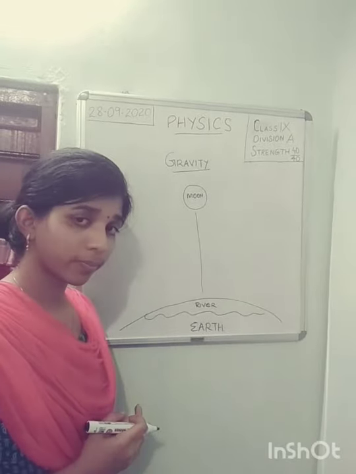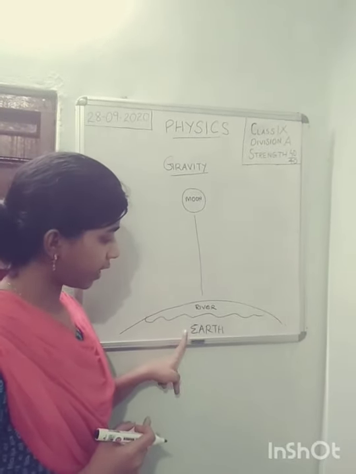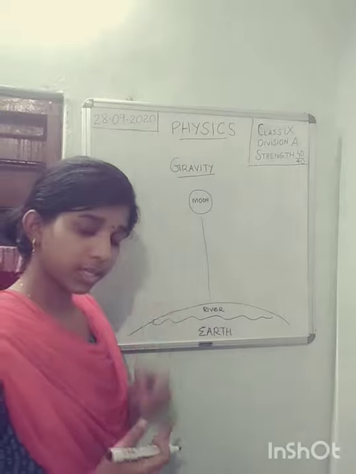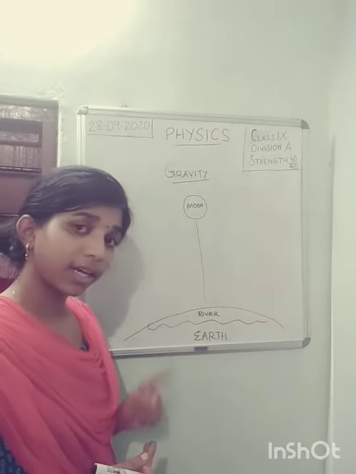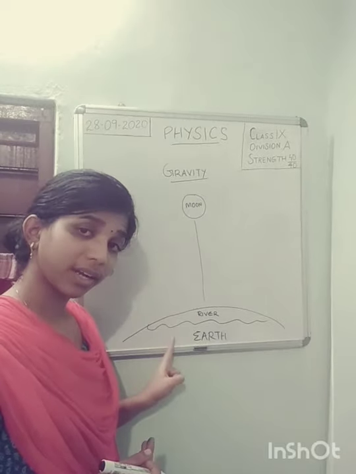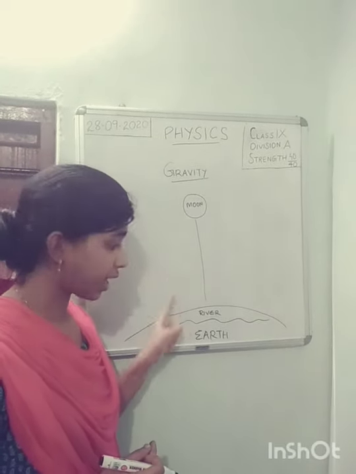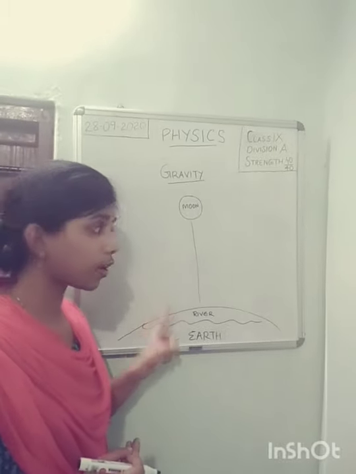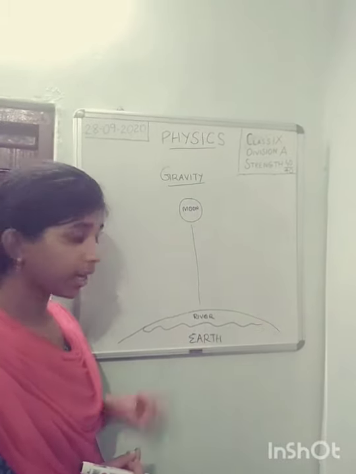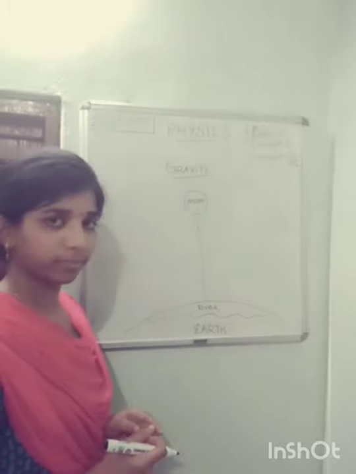Do you know? Earlier I spoke about gravity. We dealt with the gravity of earth. Earth has an attractive force by which it attracts objects towards its center. This force is called gravity, the gravity of earth.